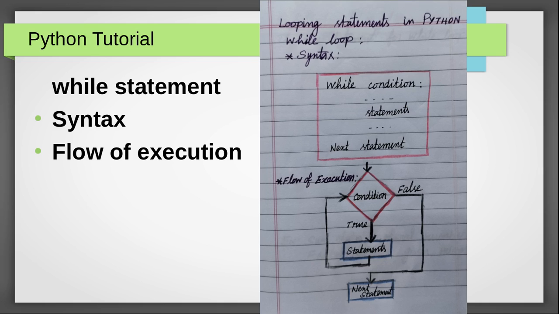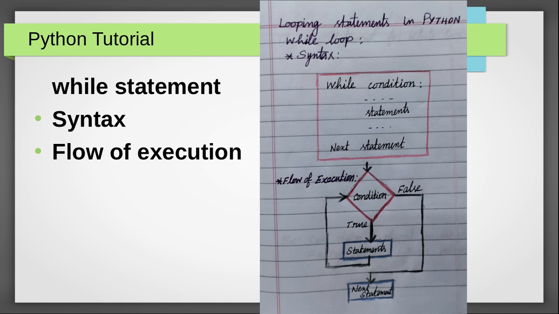When the condition is not satisfied, the control goes to the next statement. So this is the flow of execution. Remember, when you are writing this while statement, there are three things you should include in your program: the initialization, the condition, and then either an increment or decrement value.